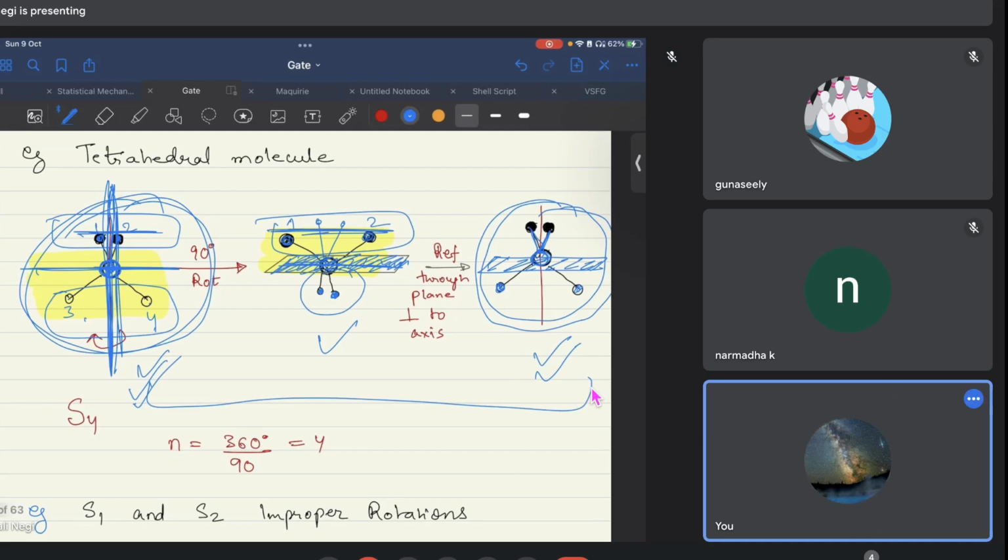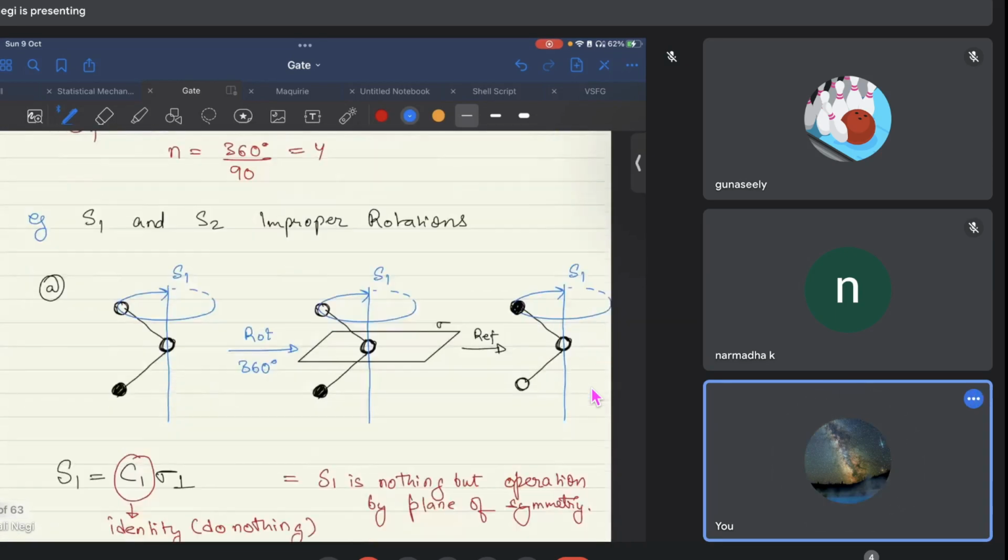Okay, so this S1 S2 are again two improper rotations, and yes, so this is a molecule, say H2O. Okay, just imagine it is an H2O molecule. I have just colored this one as black, or I can simply tag it.